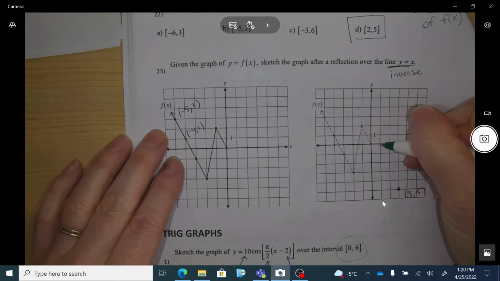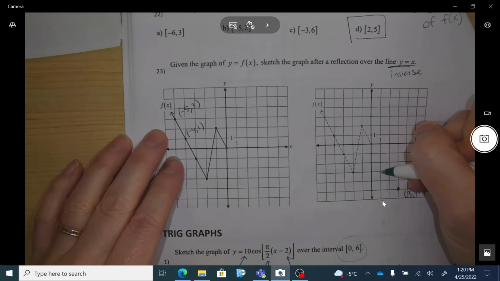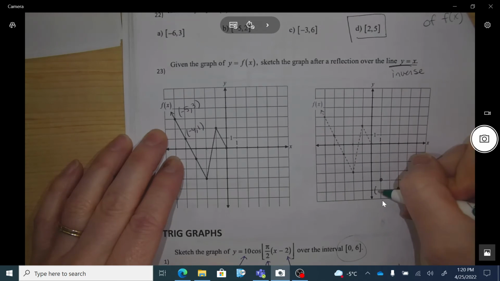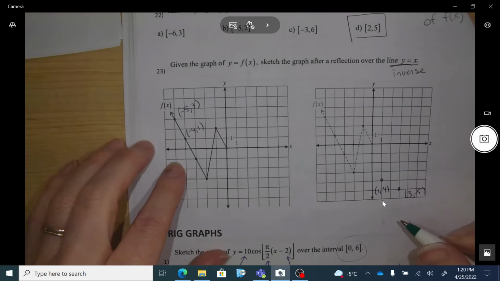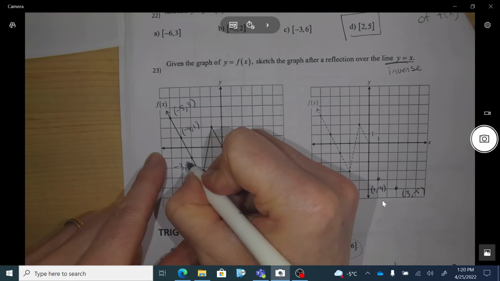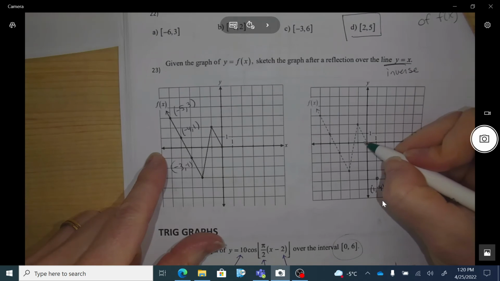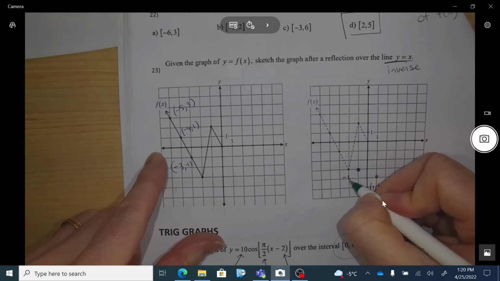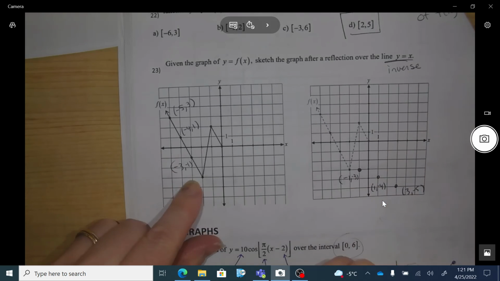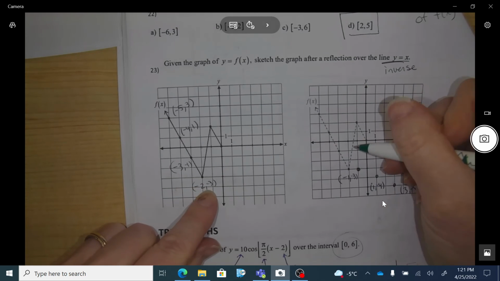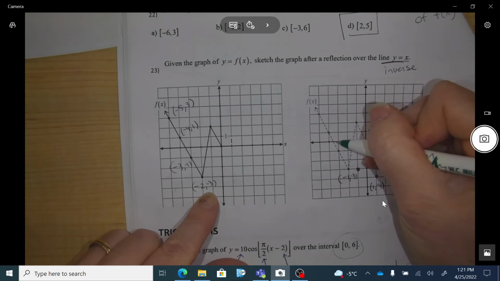We'll go to 1, -4. And we have a 1, 2, 3, -3, -1 will now go to -1, -3. -2, -3 will go to -3, -2.